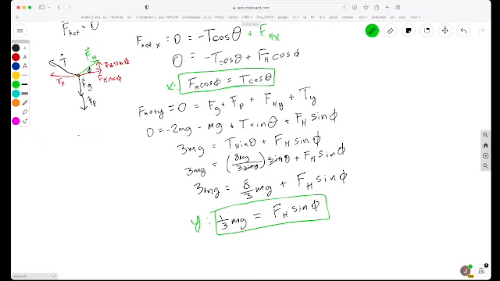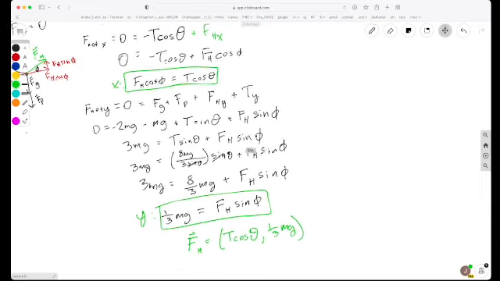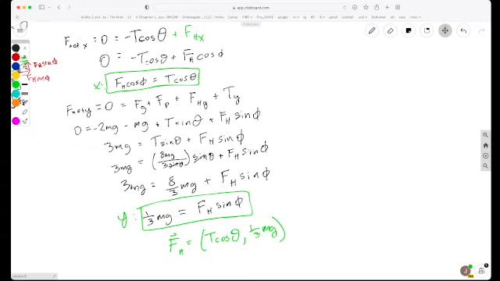But another way to write this is that our hinge force is just a vector with an x and a y component. Its x component we found is T cos theta, and our y component is 1/3 mg. And I guess we do know what T is. We can plug that in more explicitly, just like we did up here. T is 8mg over 3 sine theta, so if we wanted, we could plug that in.